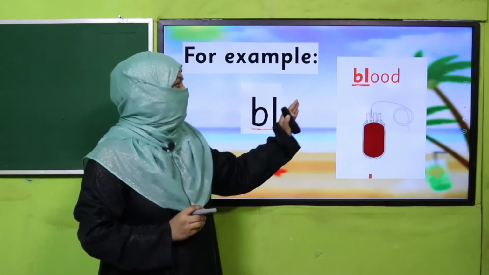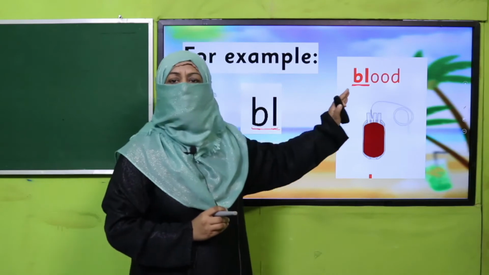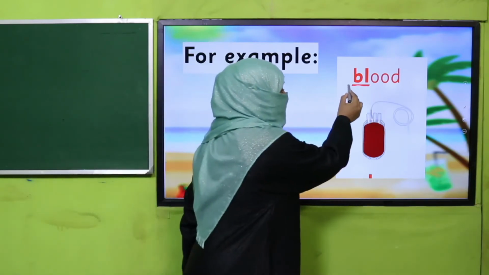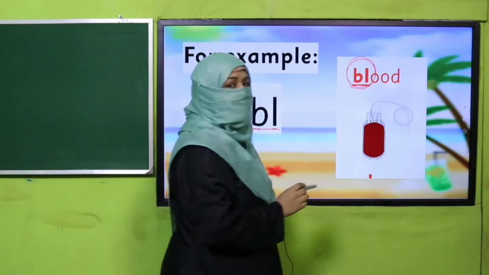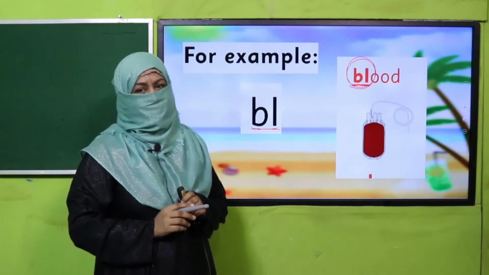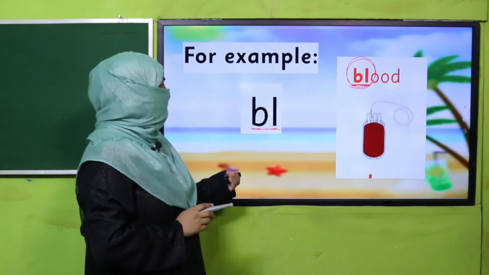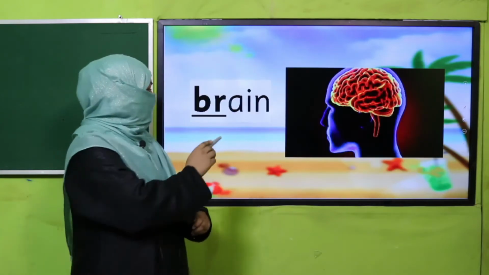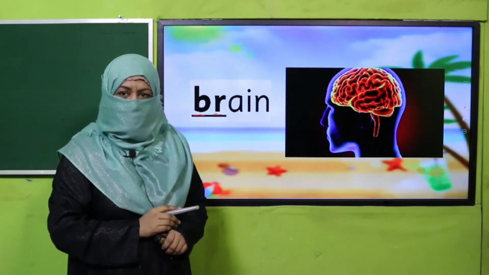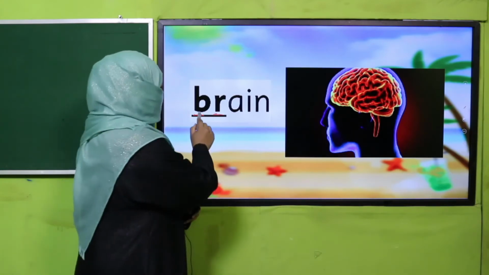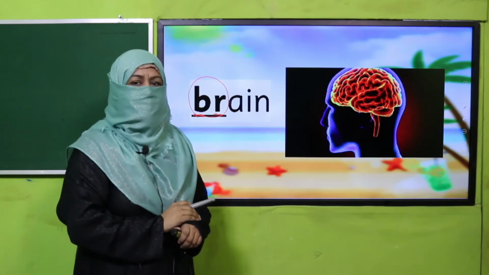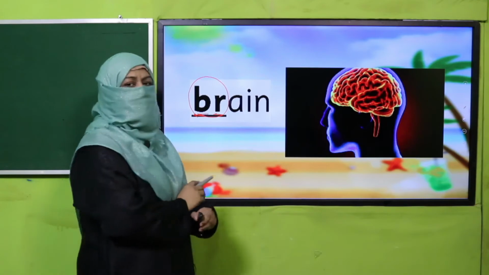And how do we say it? Blood, blood, right? And because it is at the beginning of the word, it's a consonant cluster at initial position, right? Okay, again, look at this word. Now, B and R, both are consonants, right? And together, how do we pronounce it? What is the sound of B?